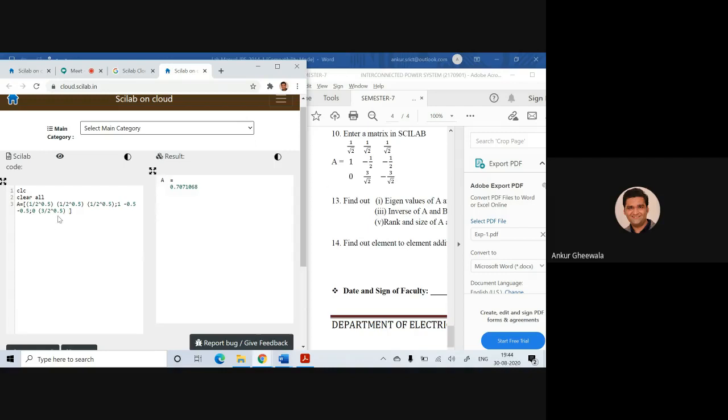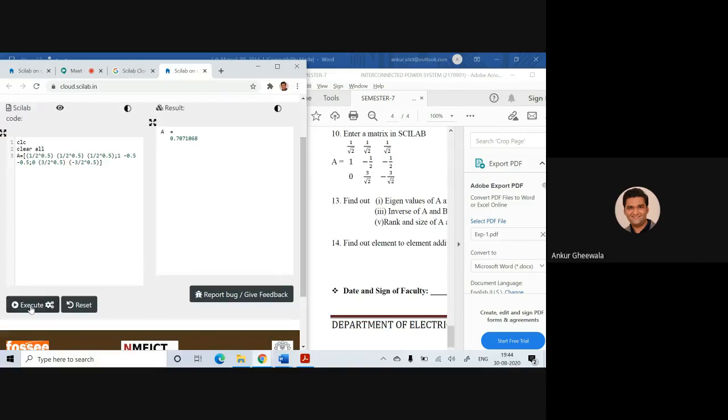I will copy paste this. Now I will execute here. Just see, the matrix we have defined, 3 by root 2 itself is 2.12 and 2.2.